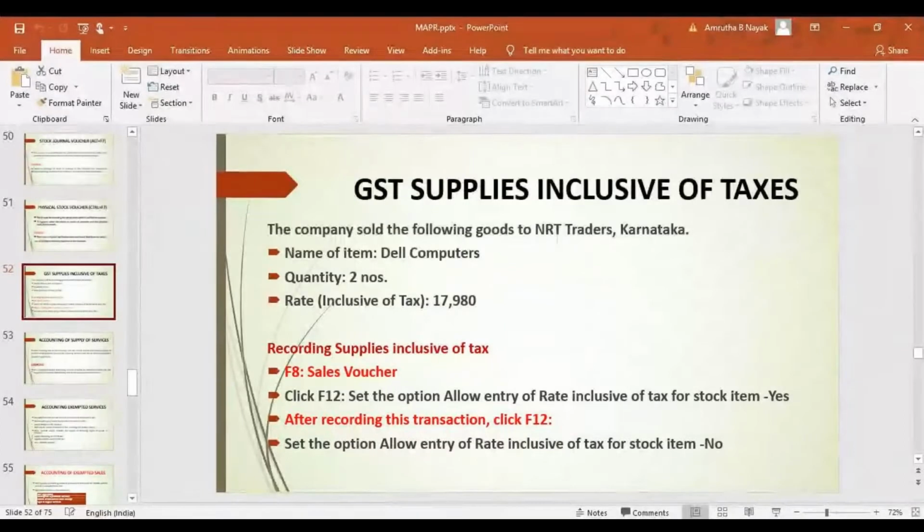Take down the steps also to do inclusive of tax. Any doubt? We'll do one more problem with that. Take this. I'll save this.